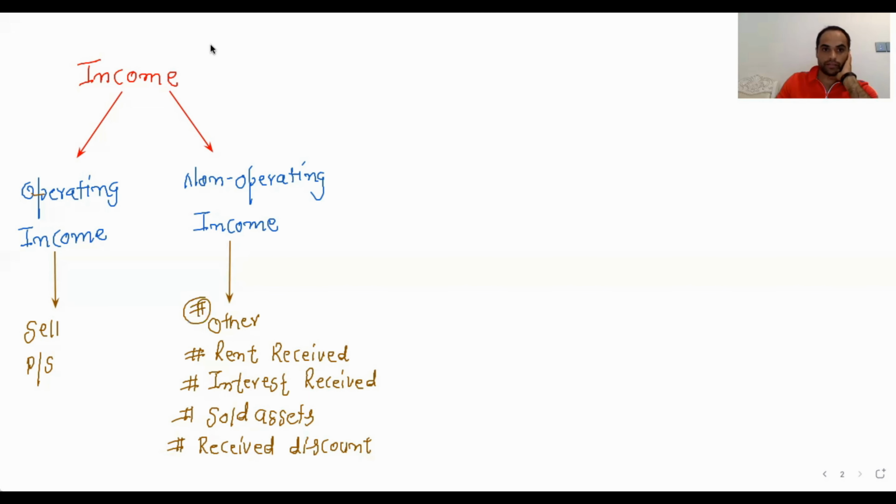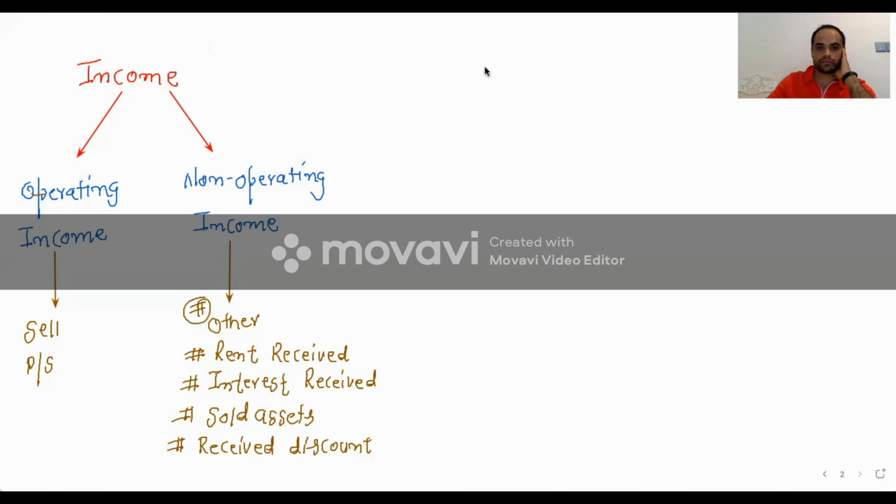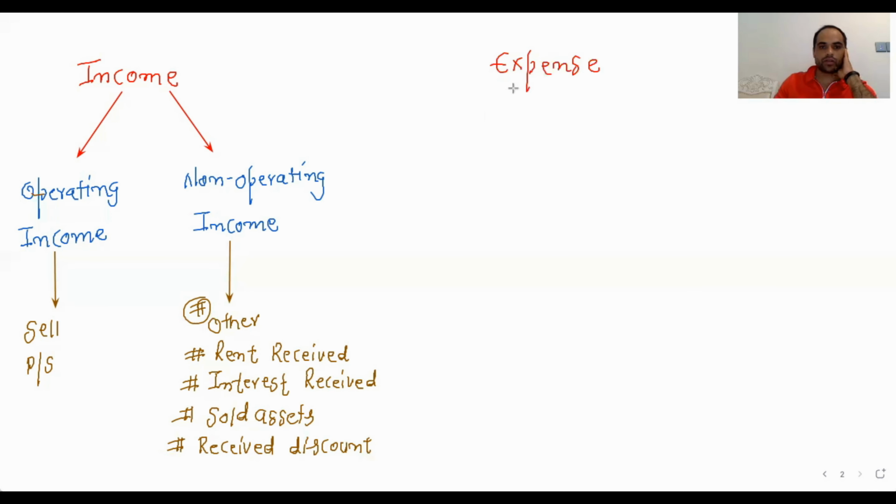That's your income. Now, let's talk about expense. Same as income, expense is also divided into two parts. Expense is spending money.